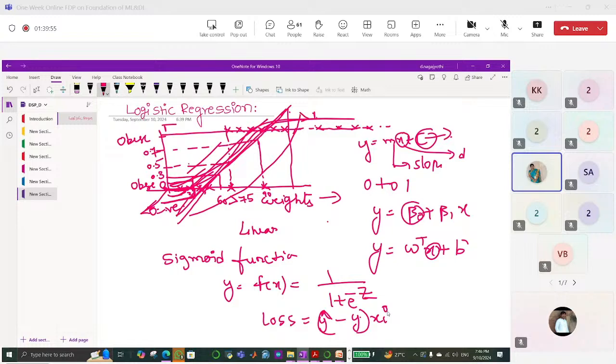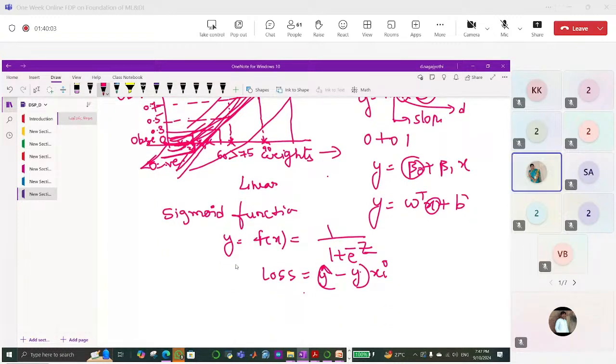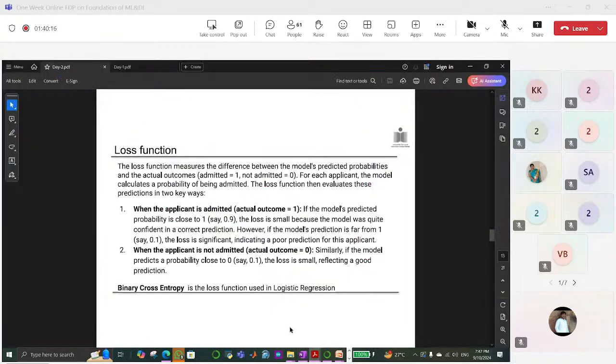After finding this loss value, again we need to update our weights. So new weights equal old weights plus our data set input values. Again we need to add these two values.